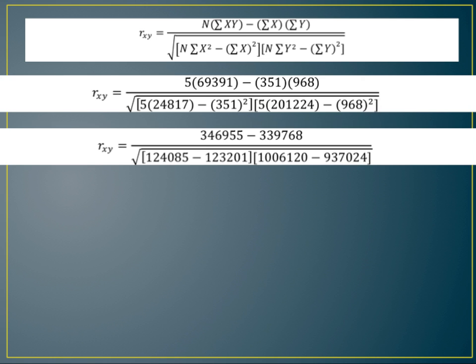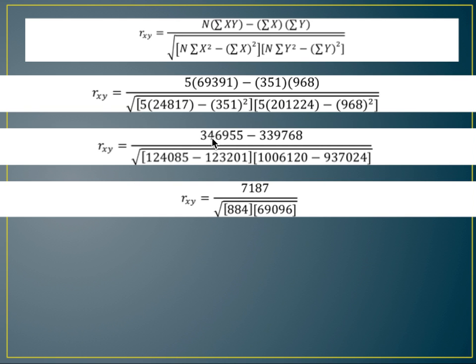And now, once we've done that first step, really all we have now is subtraction, subtraction, subtraction. Then we'll have multiplication, square root, and then division again. So 346,955 minus 339,768 is 7,187.